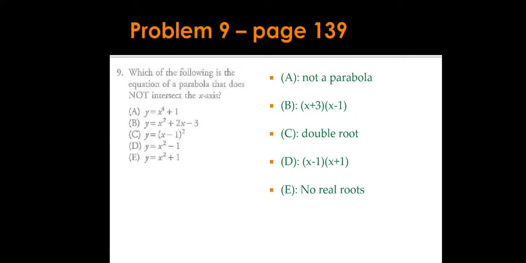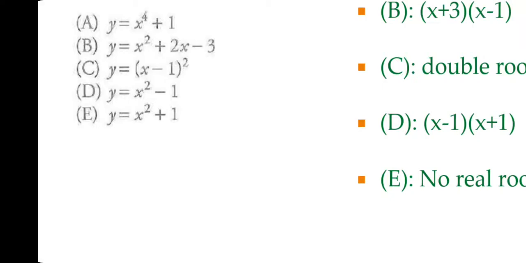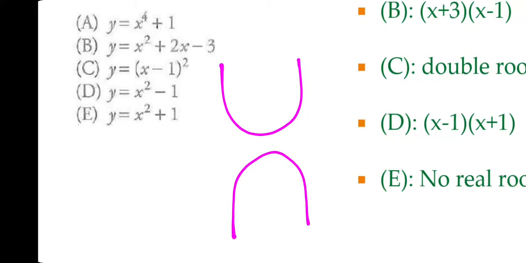Okay, question number 9. It says, which of the following is the equation of a parabola that does not intersect the x-axis? What do we know about parabolas? We know that they are either pointing upwards or pointing downwards.